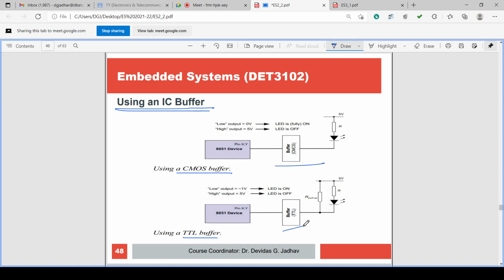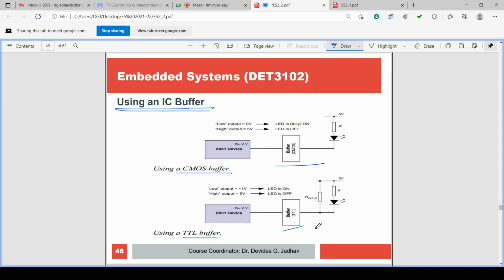Buffer CMOS, buffer TTL. Buffer means what? It is a circuit connected between the microcontroller pin and external circuitry. When we connect a buffer circuit, a buffer IC, it will provide the required current values to the external circuit, which protects the external circuit as well as the pin of the microcontroller.